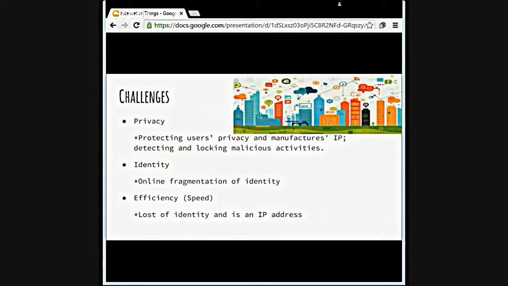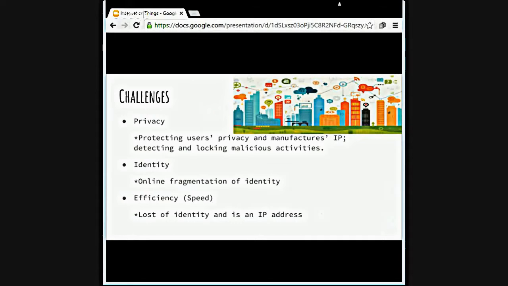Now, just a few challenges that may come with the Internet of Things. The big one is privacy, which is protecting users' privacy and manufacturers' IP, and detecting and locking malicious activities that might go on when using the internet. And also identity, so online fragmentation of identity, like identity theft, like being able to access somebody else's identity.